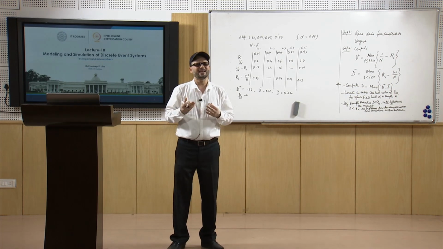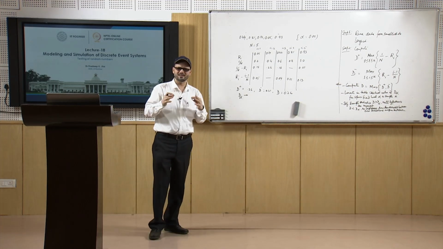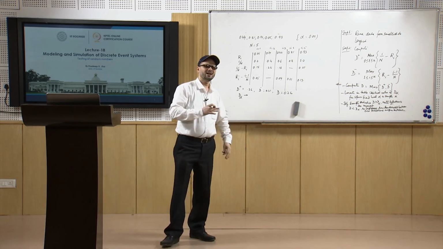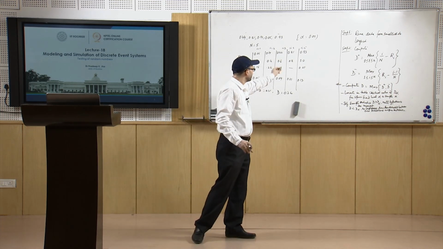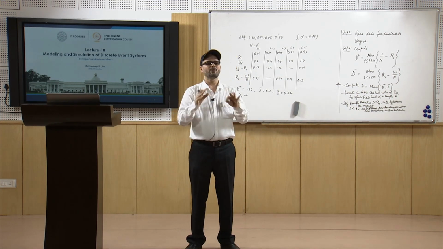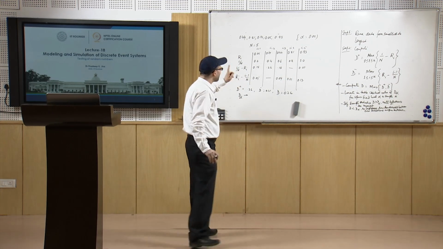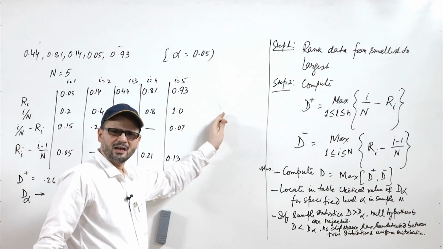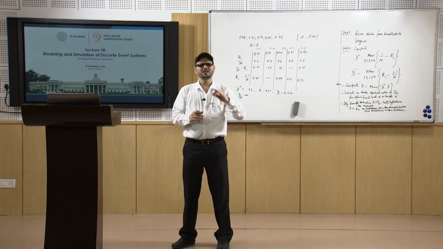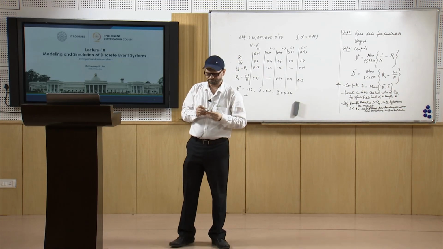That is why we can say that the null hypothesis cannot be rejected, that these numbers are from the uniform distribution. So, it means they are passing this hypothesis test of uniformity. So, this is how the Kolmogorov-Smirnov test is carried out.